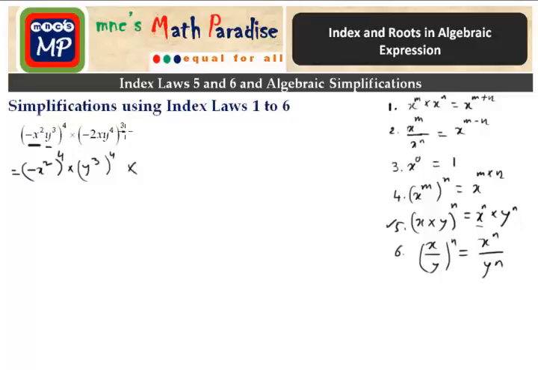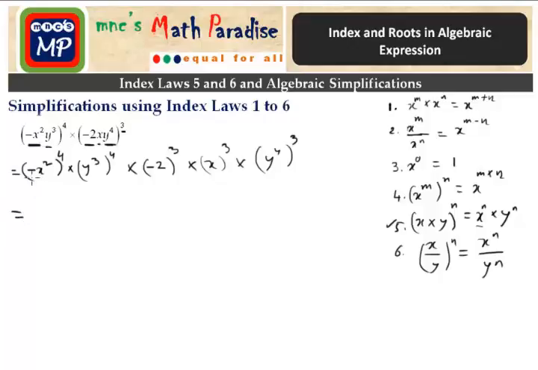Here the common power 3 will be distributed over minus 2x and y to the power 4 using the same law. So we will get minus 2 to the power 3 times x to the power 3 times y to the power 4 to the power 3. So using index law 5, we distributed the common power on each of the terms within the bracket.